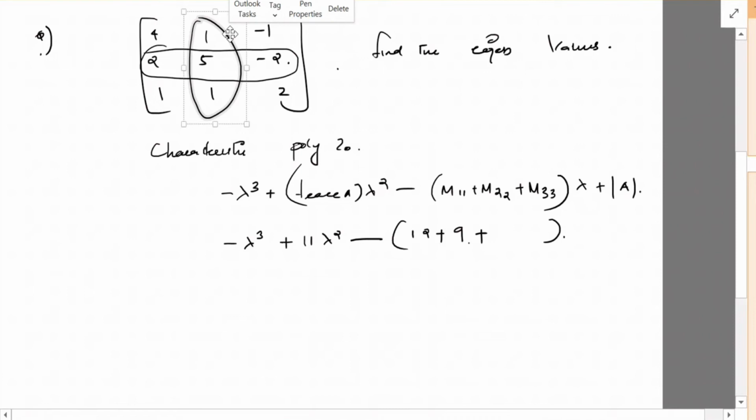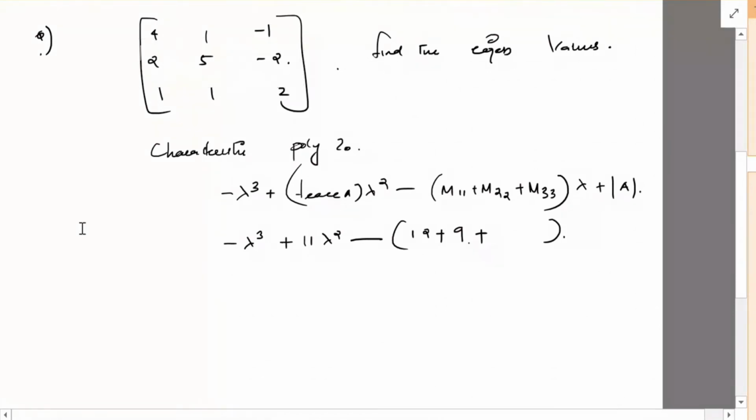Okay. What about M33? M33 will be, you have to delete the third row and third column and take the determinant, which will be 18. Yeah, 18. So into lambda plus determinant.